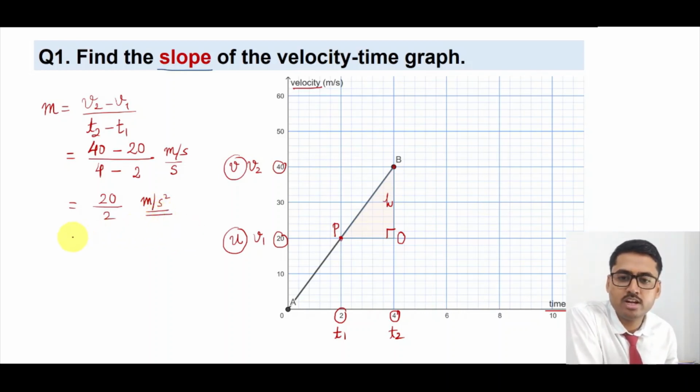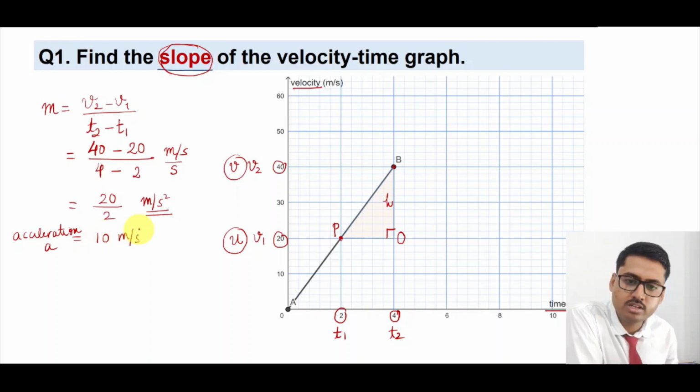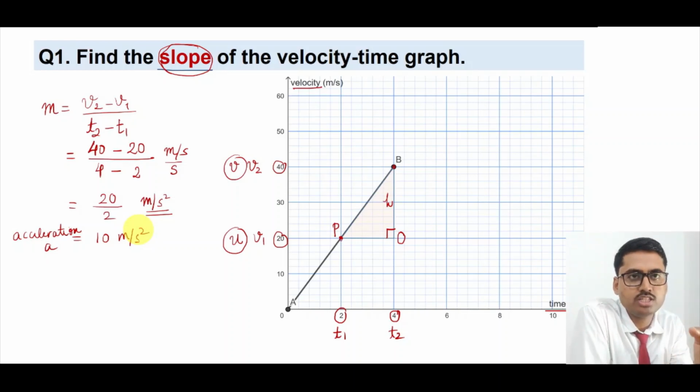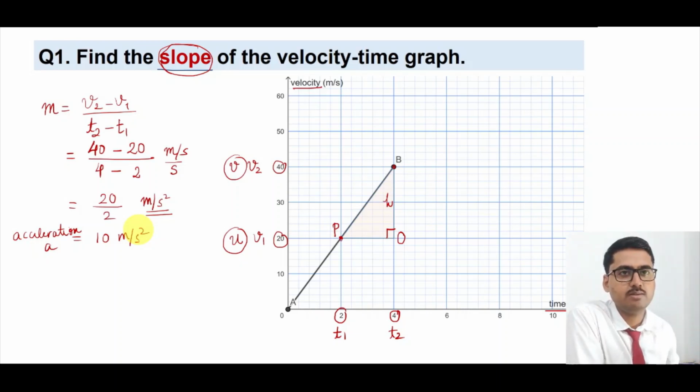Remember, I told you when we find the slope of a velocity time graph, we obtain acceleration. So we get here acceleration A is equal to 10 meter per second square. So whenever the question says find the slope of a velocity time graph, basically they are asking what is the acceleration of the velocity time graph.